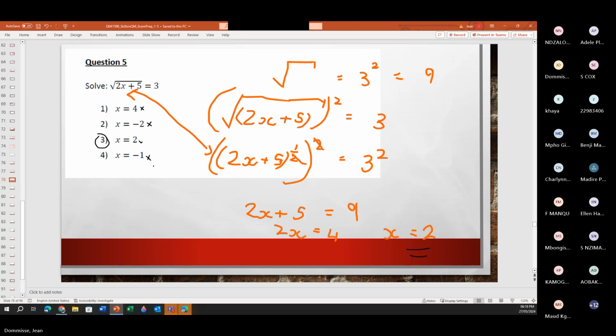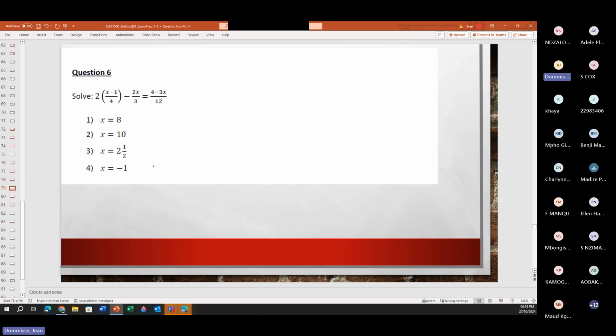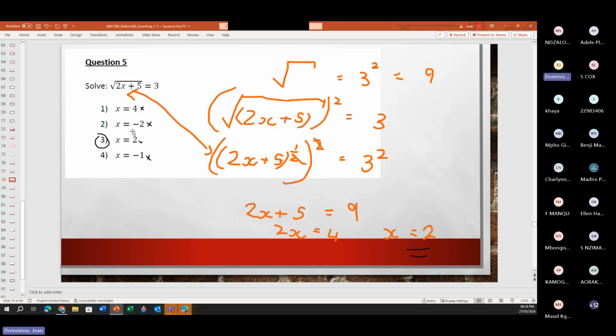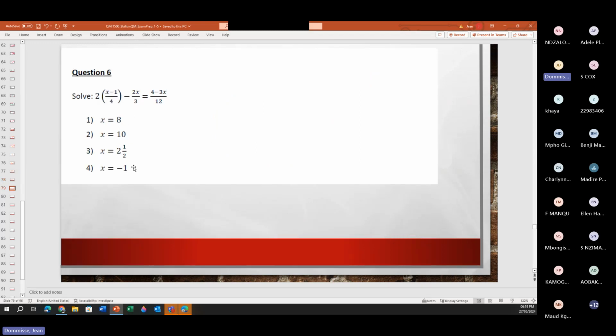So if at any point you are totally blank on what you need to do, there's always a way: for all the things that they say x is equal to a number, you can always go and try them. Yes, it will take some time to go through all 4 options and put them into the question, but at least there is a way to do it. Okay, so let's look at the next one.